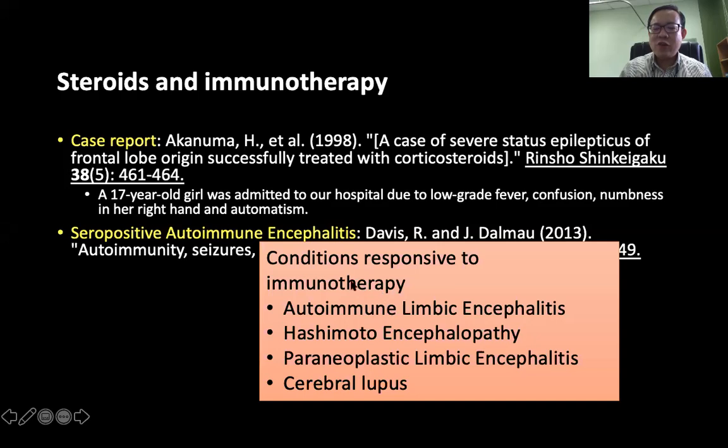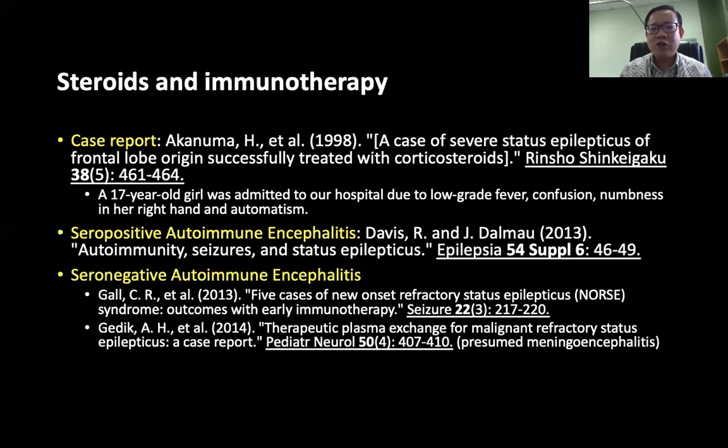So as I said, if it's autoimmune limbic encephalitis, Hashimoto, paraneoplastic, cerebral lupus, then the treatment is not anti-epileptic drugs, but to give steroid to control the status epilepticus as well as to treat the underlying etiology. So this one is on seronegative. You look at the lower one, it is on seronegative autoimmune encephalitis. Even if the autoimmune screen is negative, steroid may still be useful and should be considered if there are no contraindications.